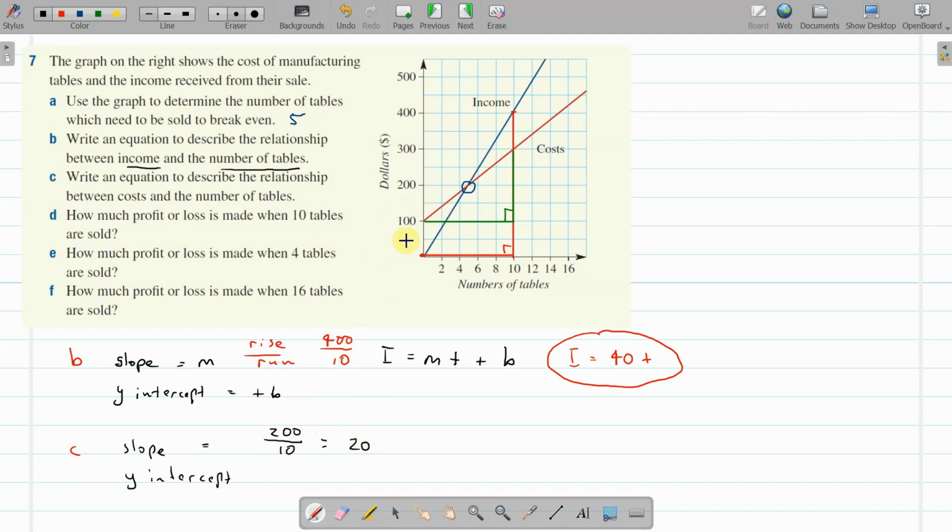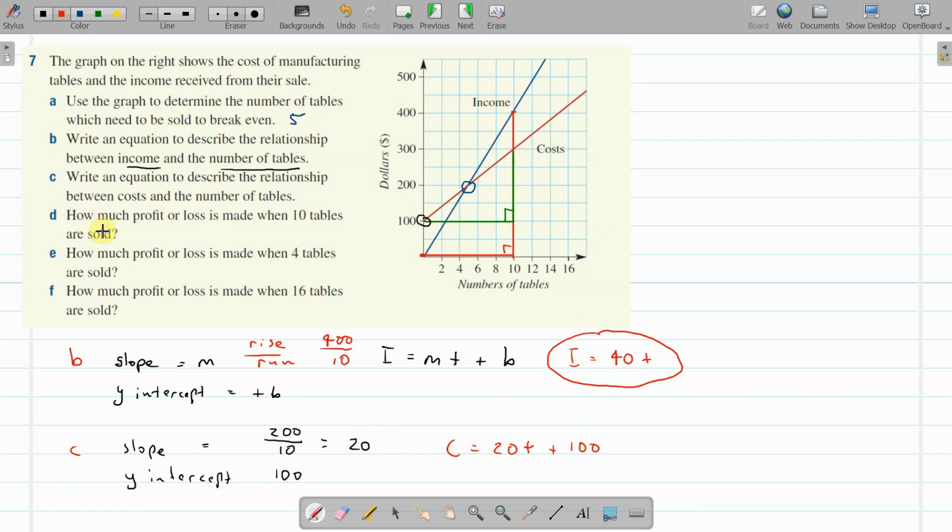And the y-intercept is this point here for the red line, and that's at 100. So we get the costs equals the slope times the number of tables plus the y-intercept, which is 100. There we go, that's part C.